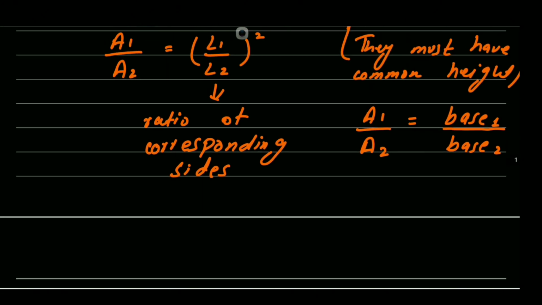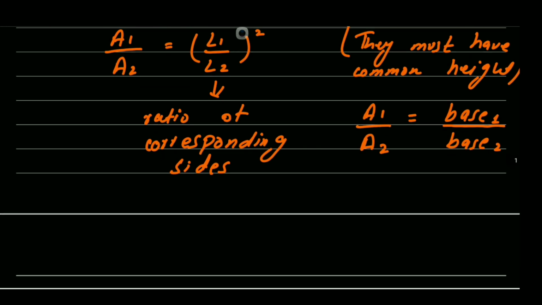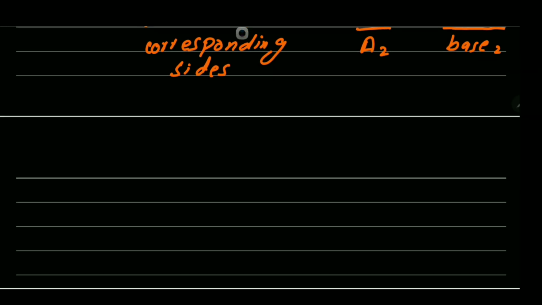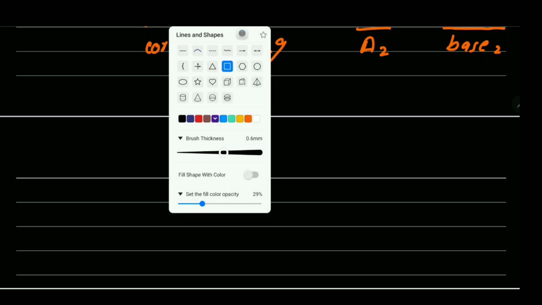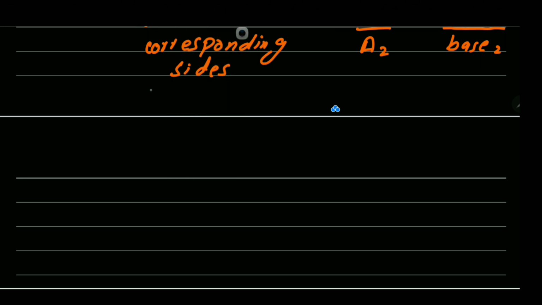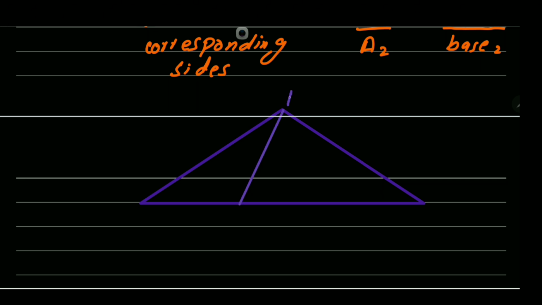When will we use that second formula if triangles are not similar? Let's suppose there is a triangle, and it is A, B, C, this is D, this is 5 and this is 8.